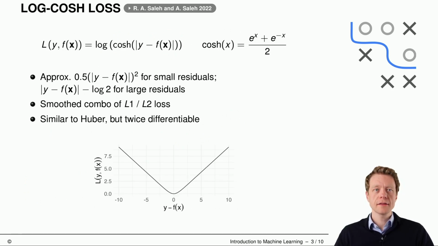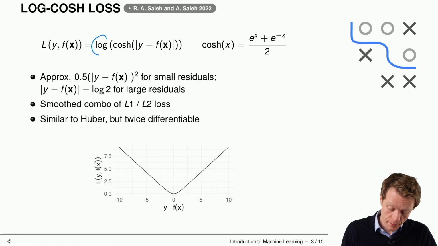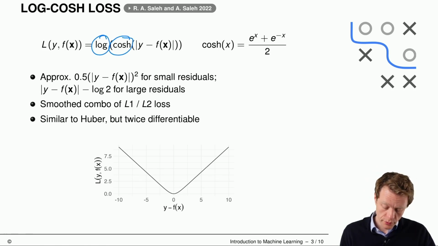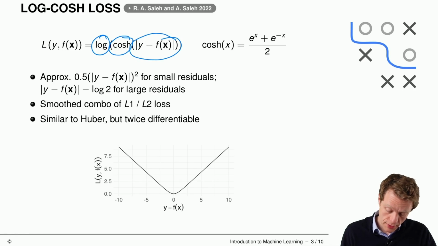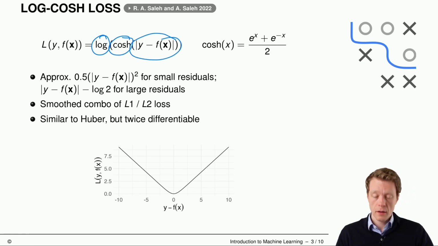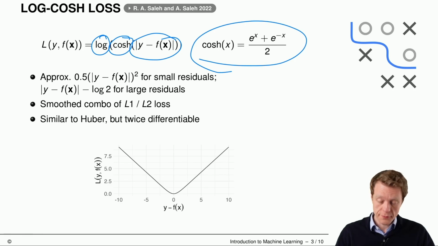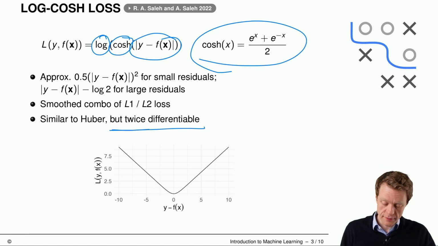Okay, the next loss is the Log-Cosh loss. That is the logarithm of the hyperbolic cosine of the residual. Cosh is this formula here, and this is also a combination of L2 and L1 loss, very similar to Huber, but it has the nice property that it's even twice differentiable.